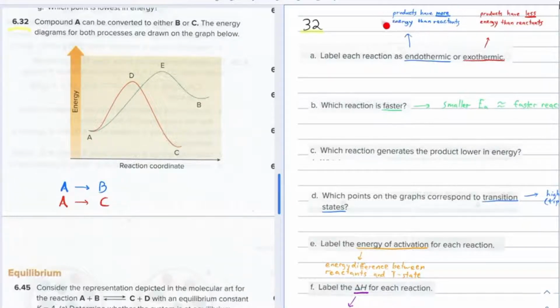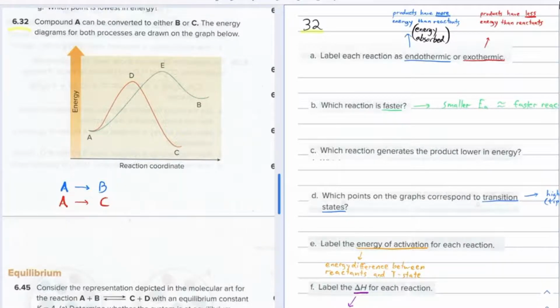When the products have more energy than the reactants do, that means energy was absorbed, because in order to get to products, which have higher energy than the reactants, the reactants must absorb energy to get over to the products.